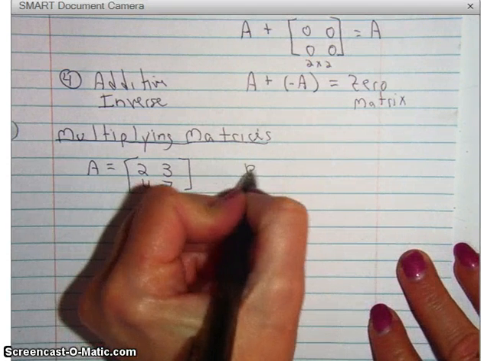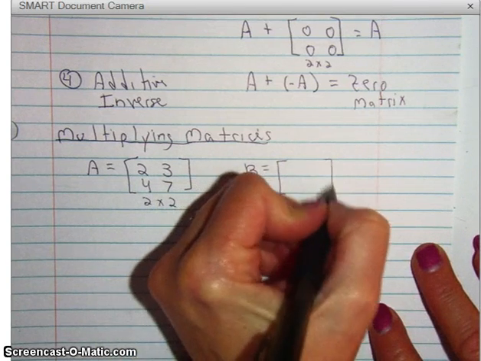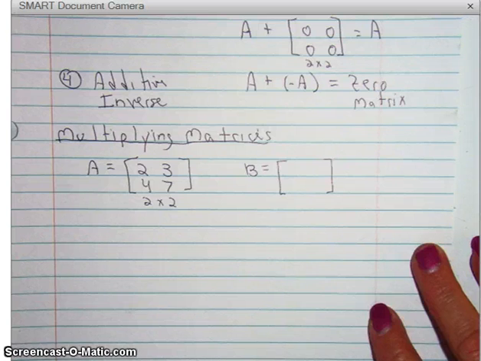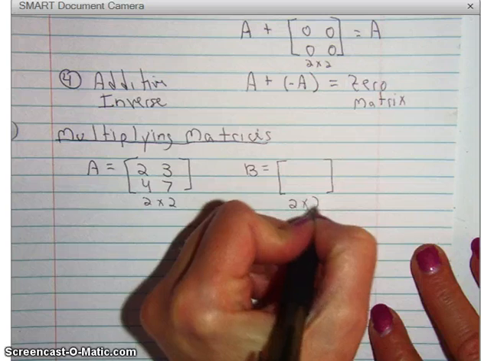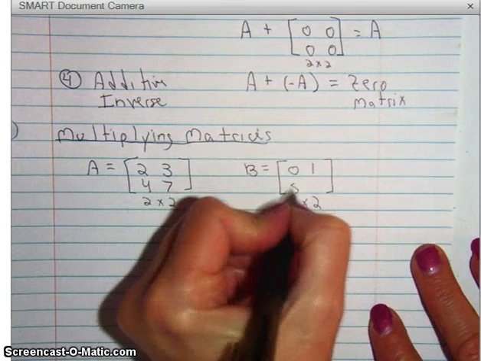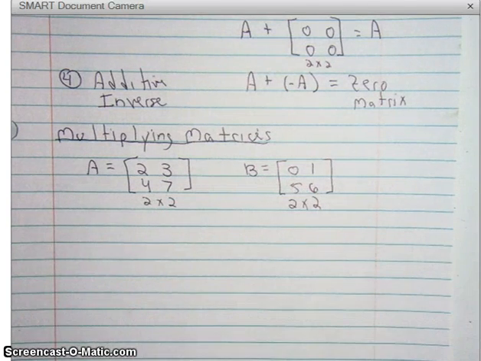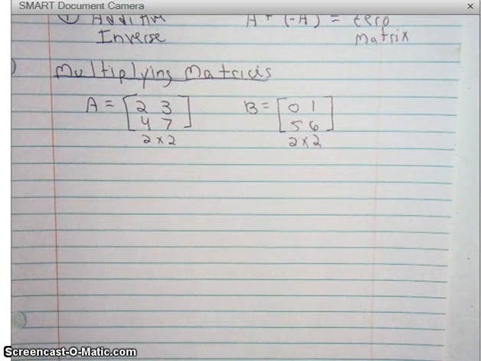Matrix B is going to be 2 by 2. Elements are 0, 1, 5, 6. All right, be fruitful and multiply.